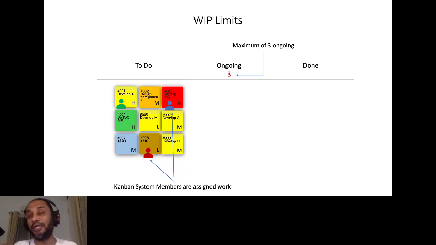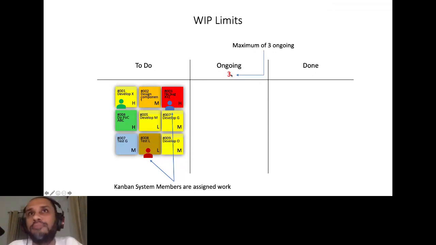So we can't be working on multiple tasks at the same time, or multiple Kanban tickets at the same time. So we want to limit the number of items in progress at a time. So basically what we can do is we can add a WIP limit. Either we can add only a maximum, we can even add a minimum number.